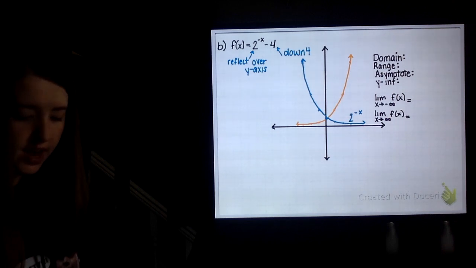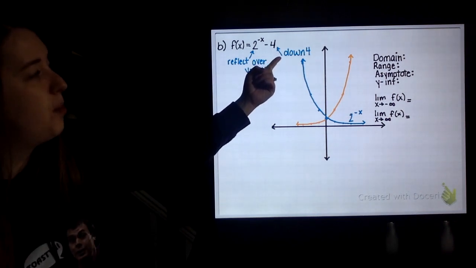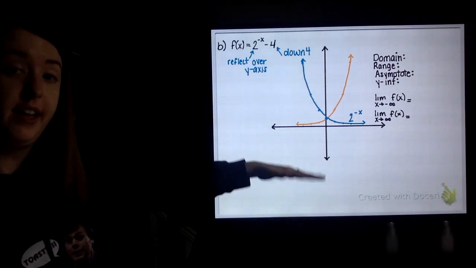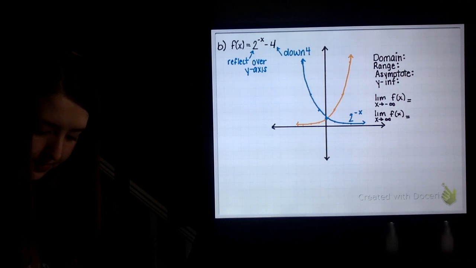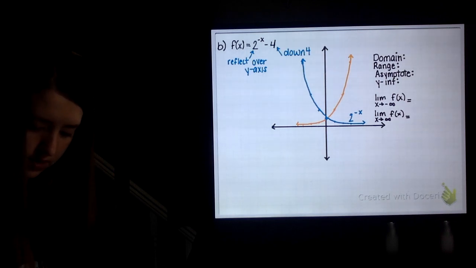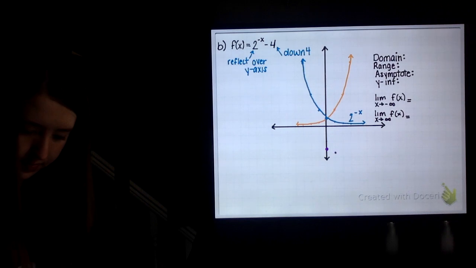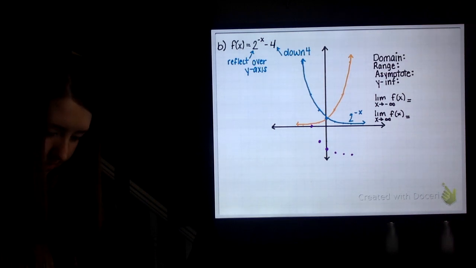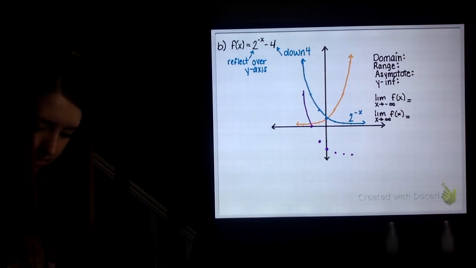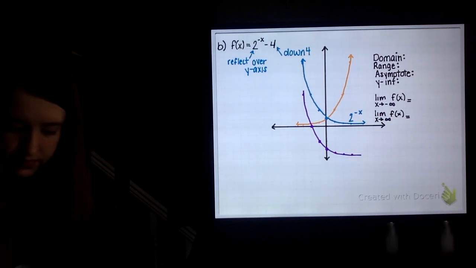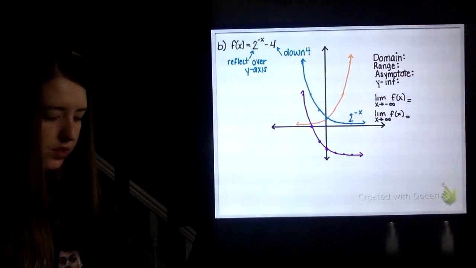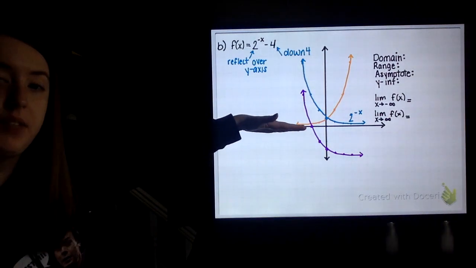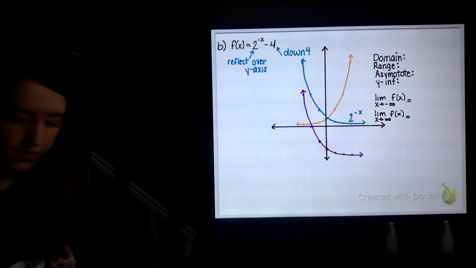Okay. So now, for this last guy, we're supposed to shift all of my points down 4. So I'm going to take this blue graph and shift every point down 4. Oopsies. 1, 2, 3, 4. All right, so since we shifted down 4, that asymptote that was at 0 also got shifted down 4.